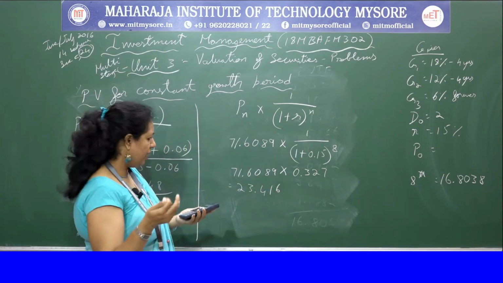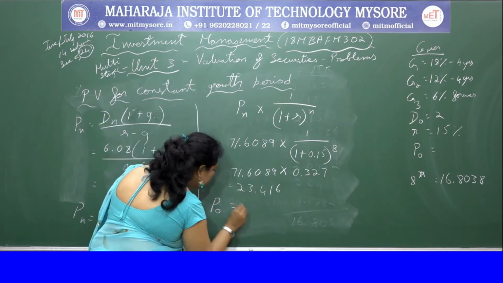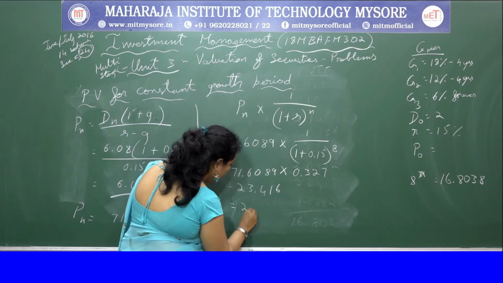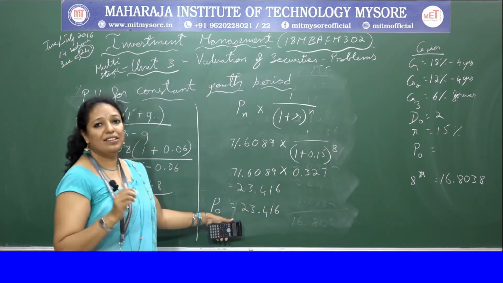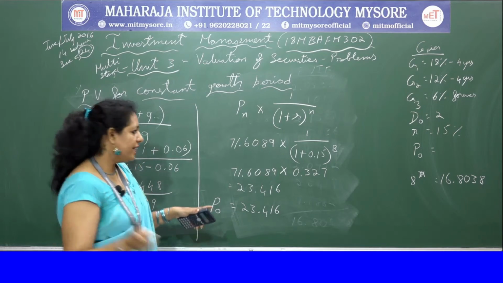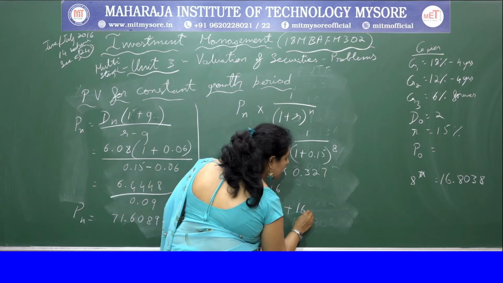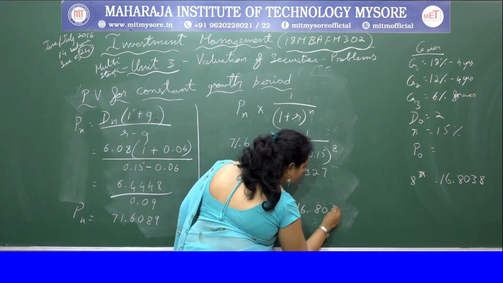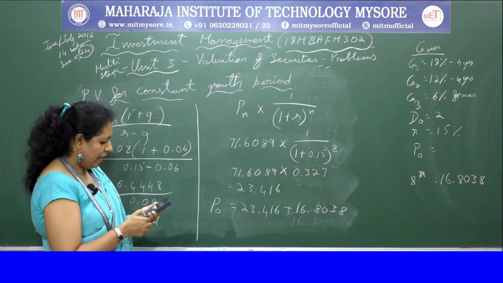Either you can write it further, or you can stop here. So P naught is equal to 23.416. That is the value, and up to 8 years what we have calculated is 16.8038. So these two values we need to add.